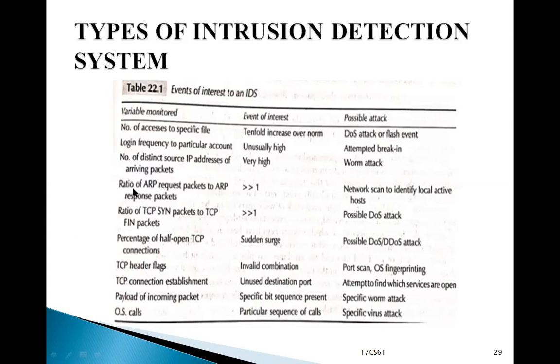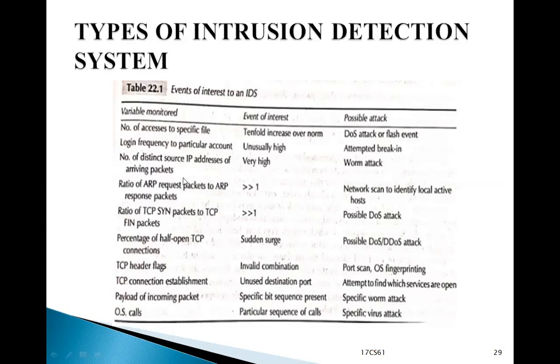So that ratio, where it identifies the link layer addresses such as MAC addresses, because there are two kinds of packets here. One is ARP request packets and another one is ARP response packets. So both should be equal actually, then only the ratio will be 1 here.